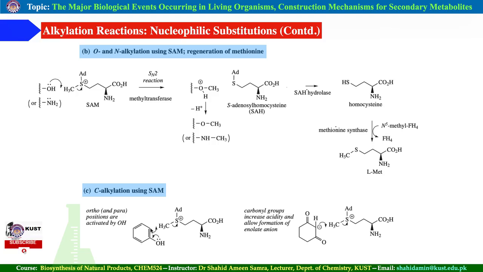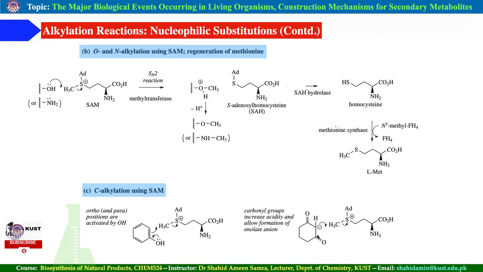So this ortho position becomes highly activated, this is a nucleophilic center, so the electron pair will be moving towards this carbon that is partially positive. As a result, this methyl may get attached to this position. So we will be having, for example, this is a simple phenol, and we will be having 2-methylphenol.